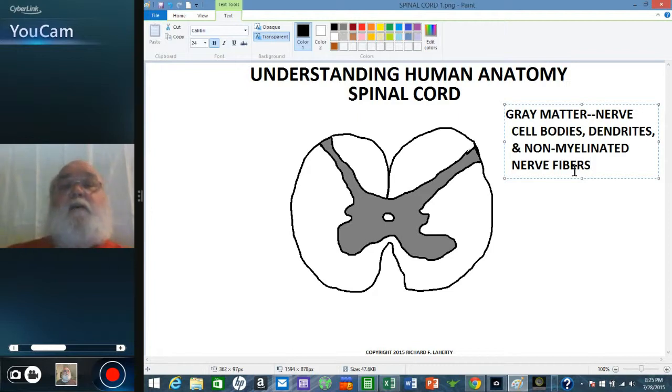So this is the area where you find the nerve cell bodies, the neurons.